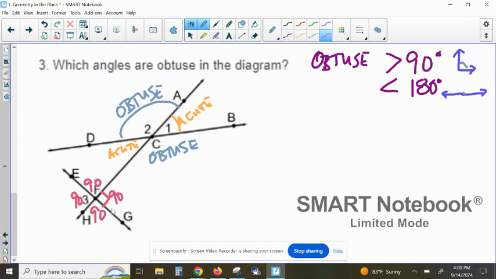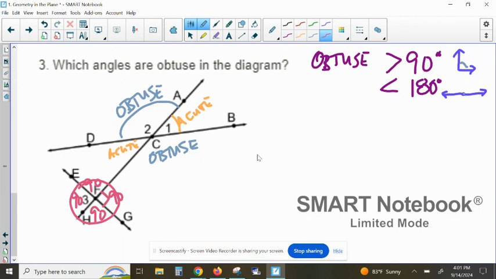So these two together have to make 180. So if that's 90, then this has to be 90. And you could use that same justification all the way around the circle. And remember, a circle all the way around has to equal 360. So those are all four 90s. If you just have a plain old cross with one 90, then that means they're all 90. Okay, so that means we only have these two gray angles up here.